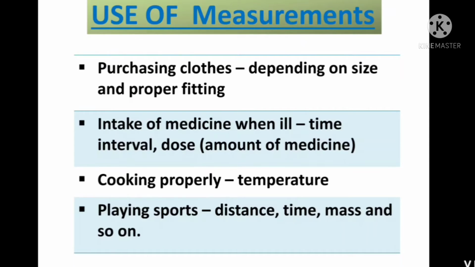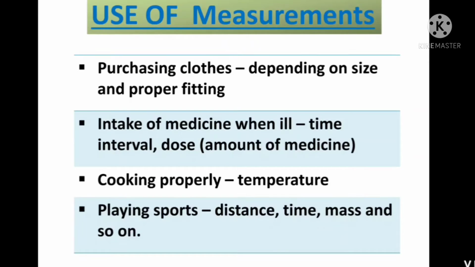All these are measurements. For cooking food properly, temperature is essential. Here the temperature is a measurement. While playing football or any kind of sport, you will measure distance, time, mass and so on.